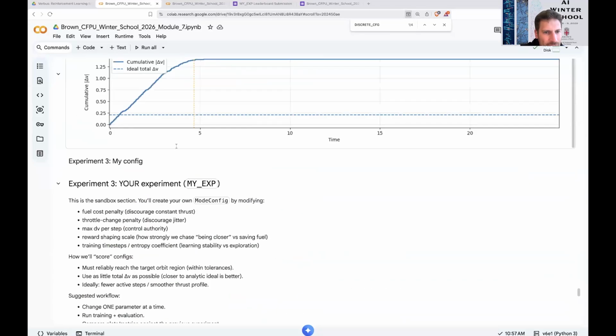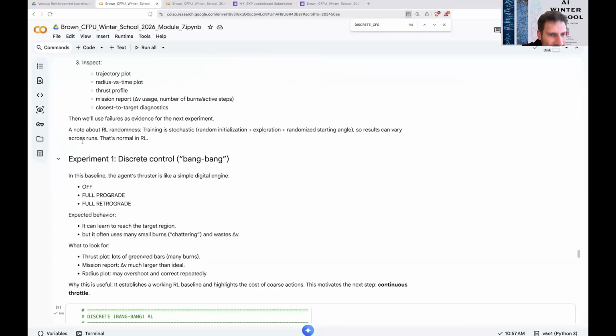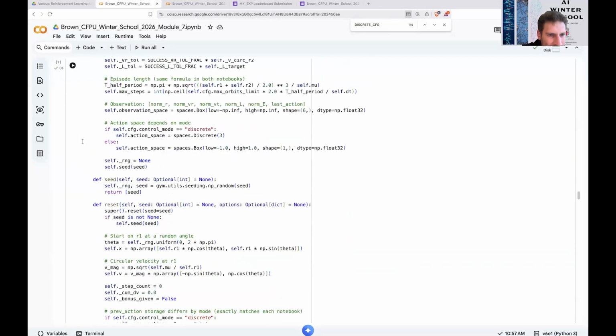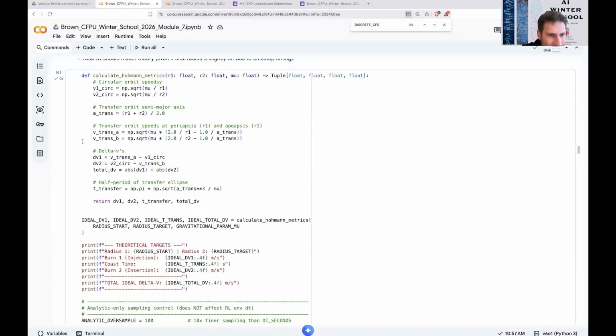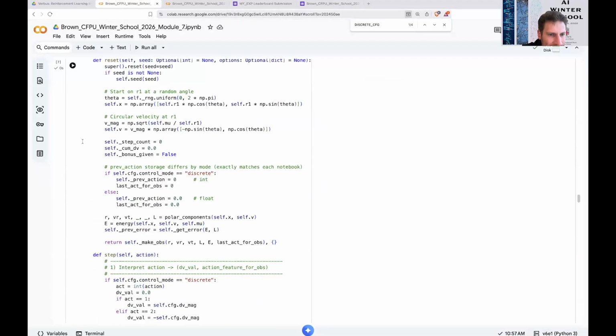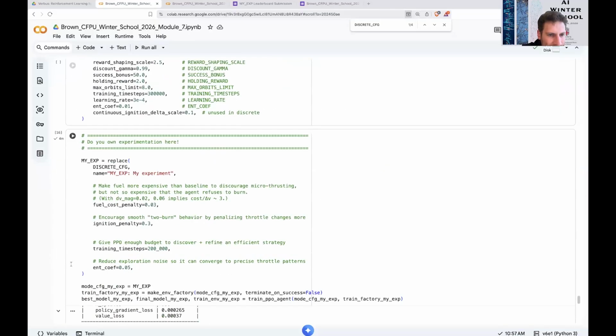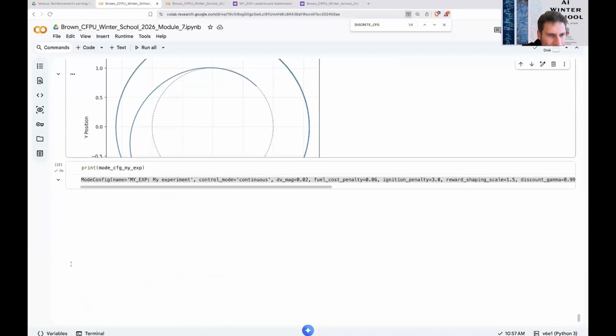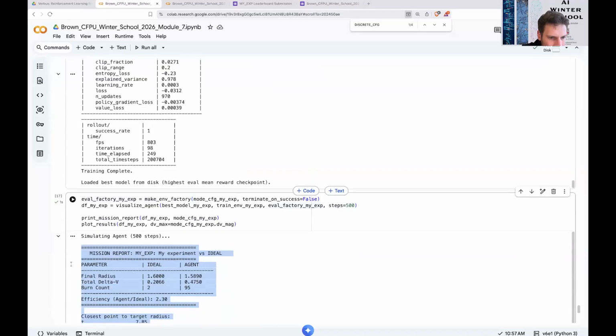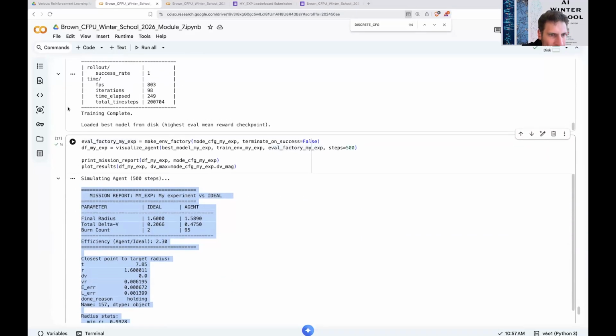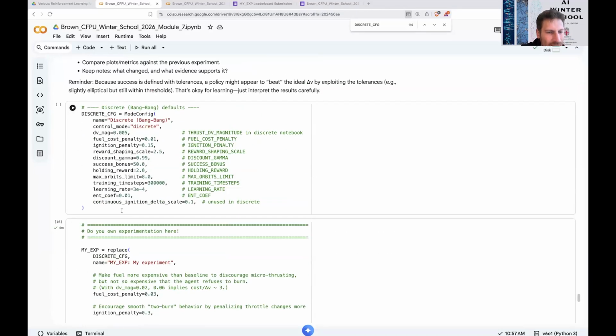I'll try another just as we wait for a few others to complete. So maybe taking Jan's suggestion and trying the delta V with continuous.